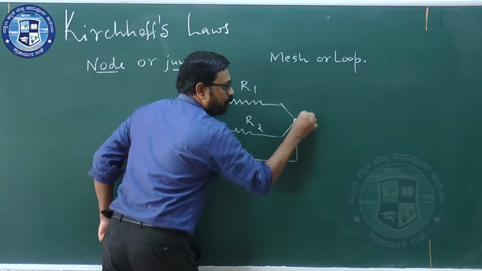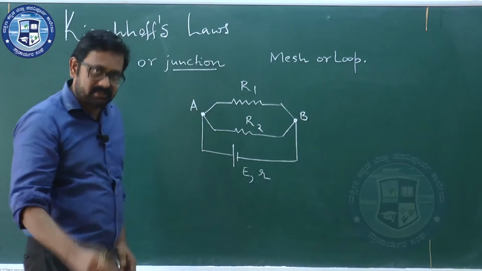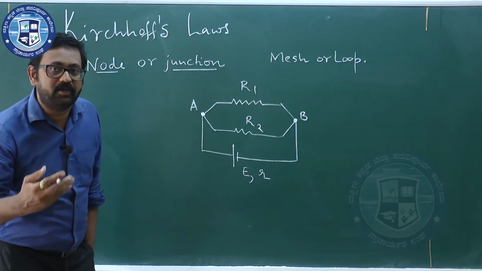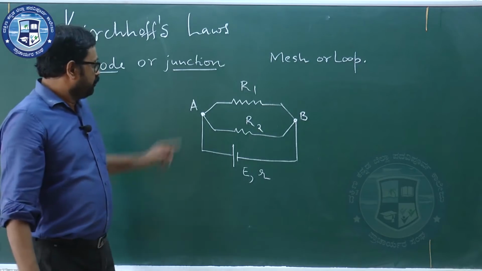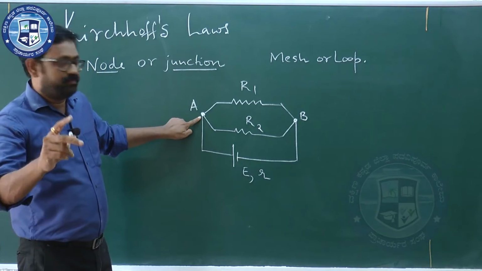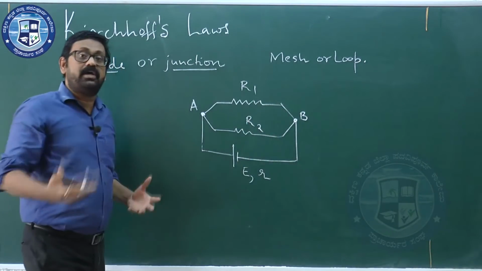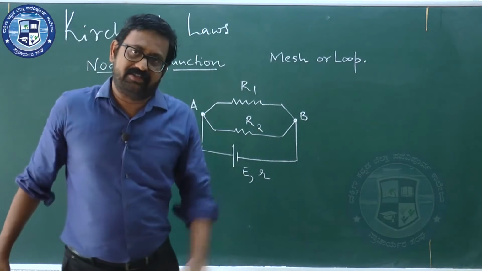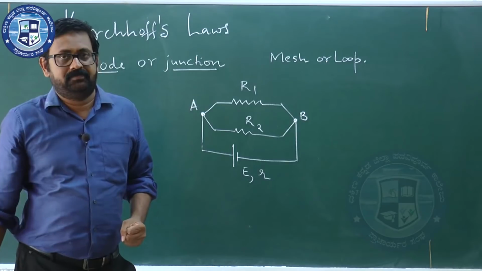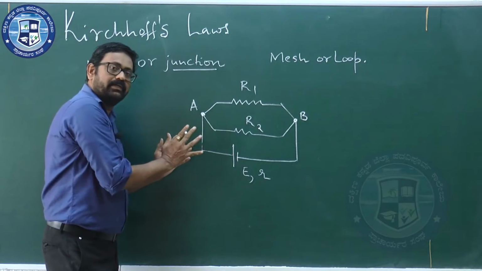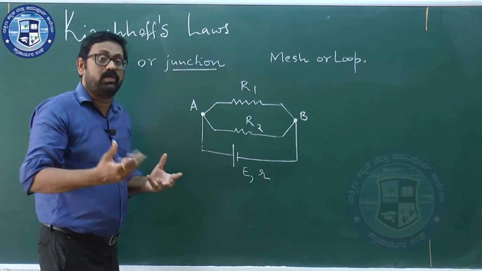Even this particular point which I have named as B can be called a node or a junction. Question is, what do you mean by node or a junction? Node or a junction is a point in an electrical network where more than two conductors meet.